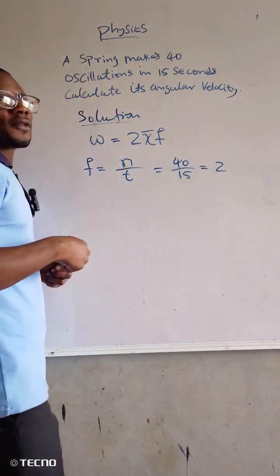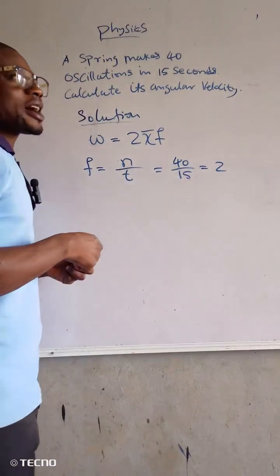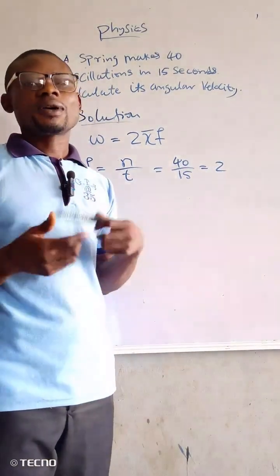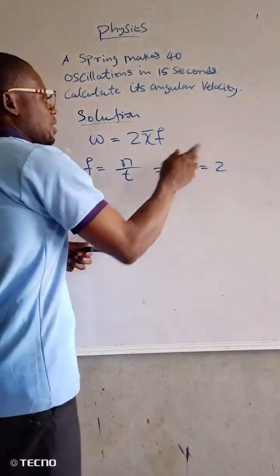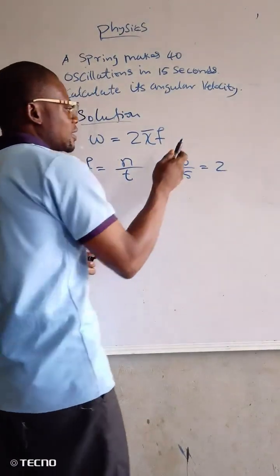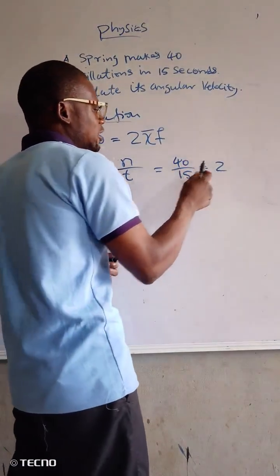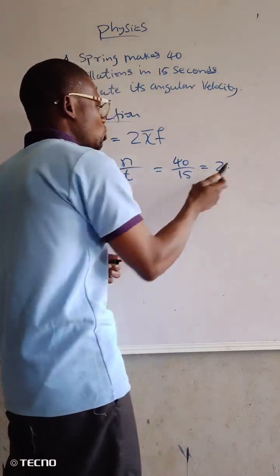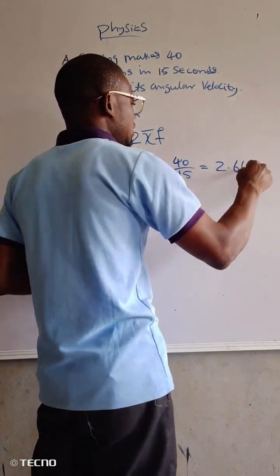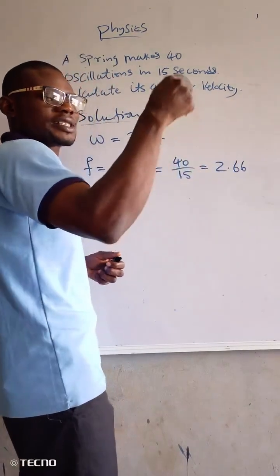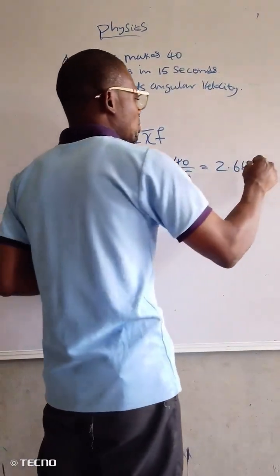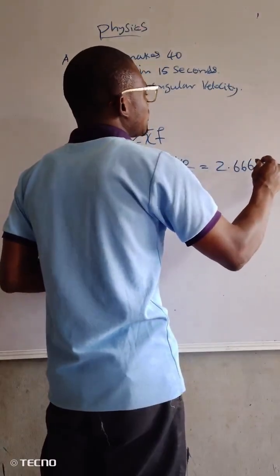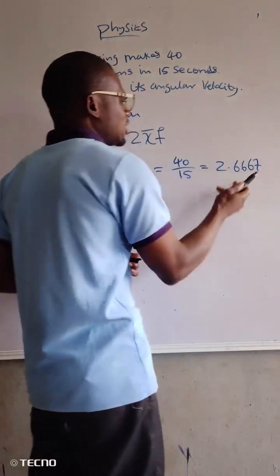When you punch your calculator, you find out that 40 divided by 15 will give you a value like 2.666. You have 2.6666, but let me leave my answer in 4 decimal places.